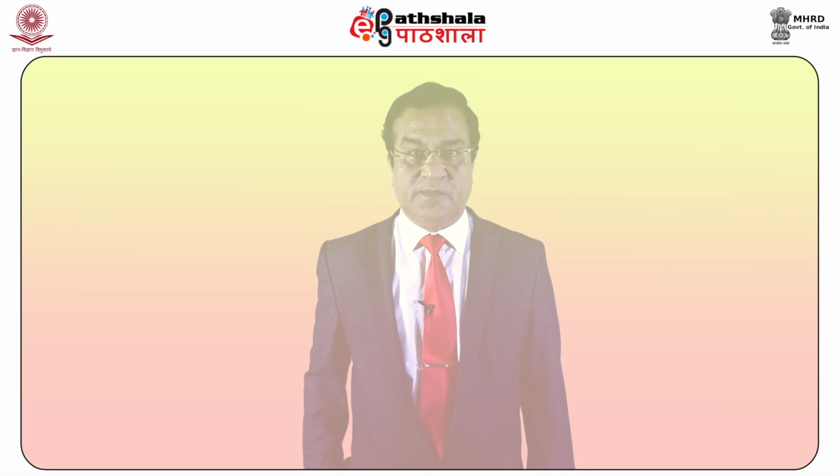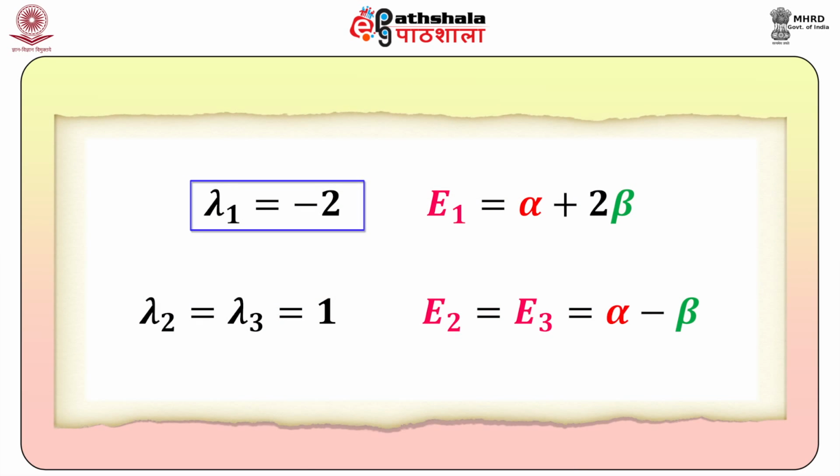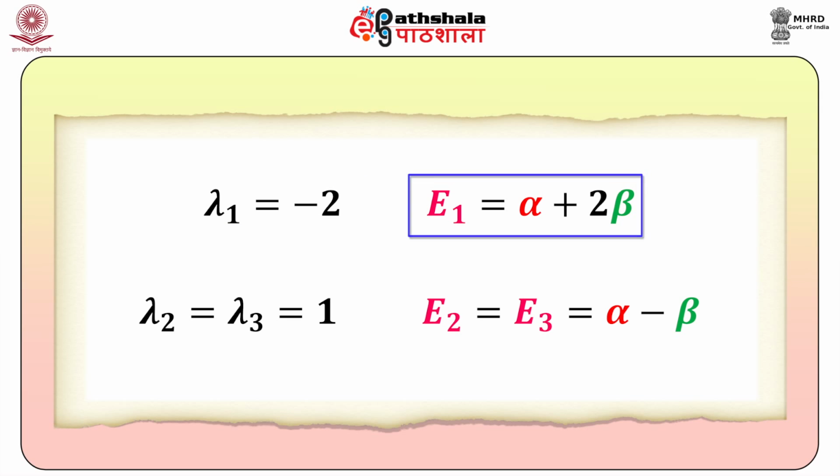Now for these 3 values of lambda, we can get the corresponding 3 molecular orbital energies. For lambda 1 equal to minus 2, you will find that the corresponding energy E1 is equal to alpha plus 2 beta.